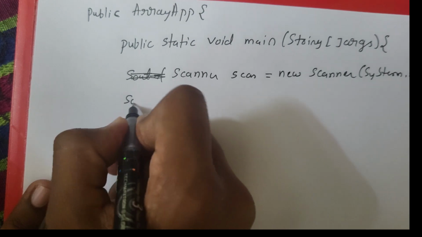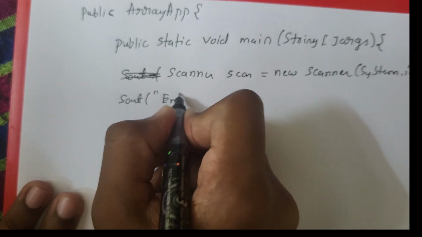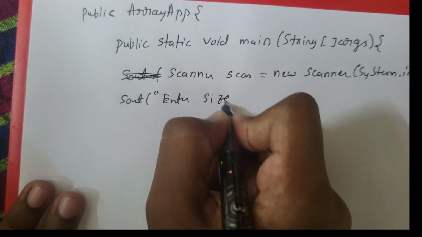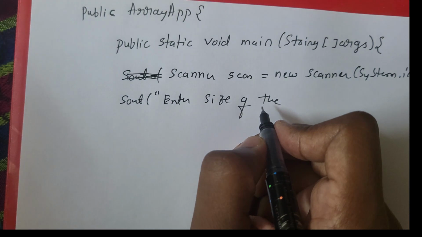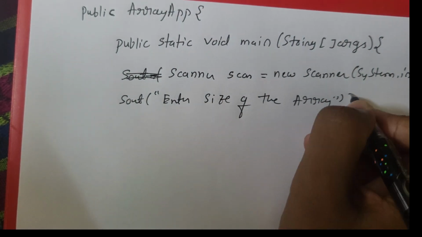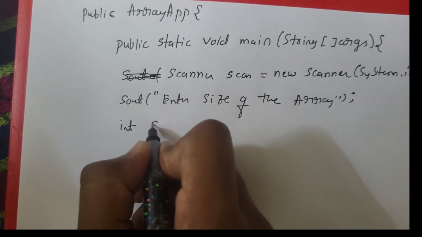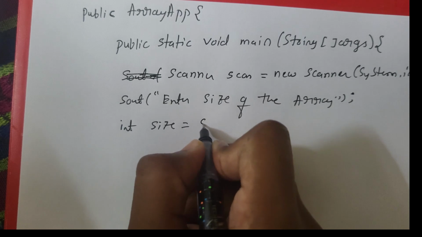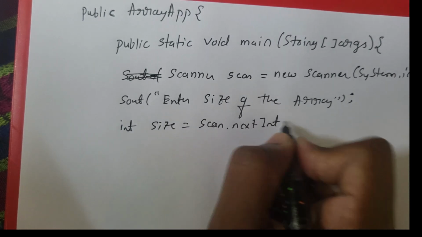Now we'll ask the user to enter the size of the array. Enter size of the array. Now we will store it in one variable, int size equal to scan dot nextInt.